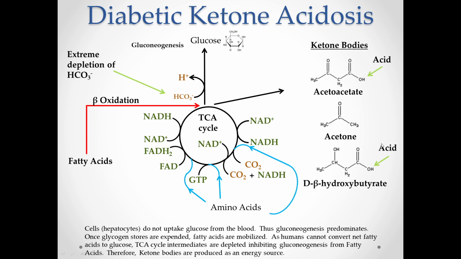Now, two of these ketone bodies are an acid. And so if somebody is a diabetic, is hyperglycemic, glucose is not taken into the cell, it is likely that diabetic ketoacidosis can occur. Ketone bodies will be produced.